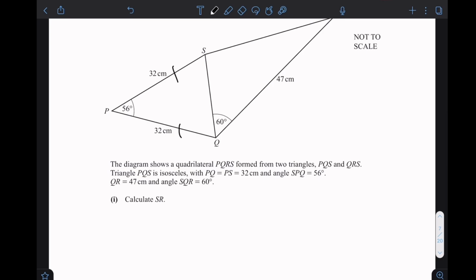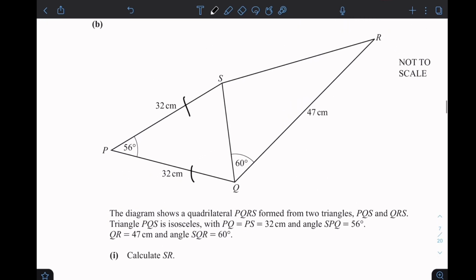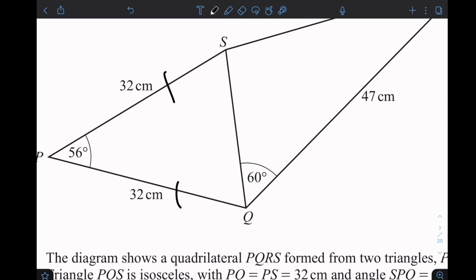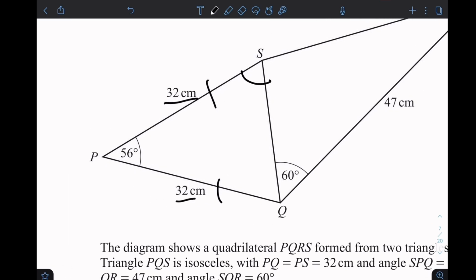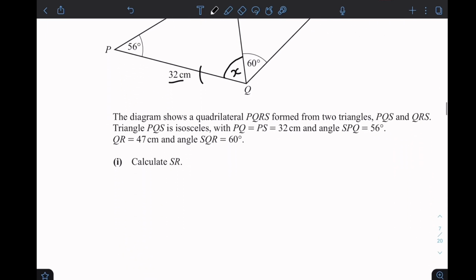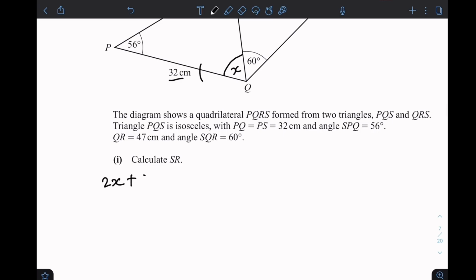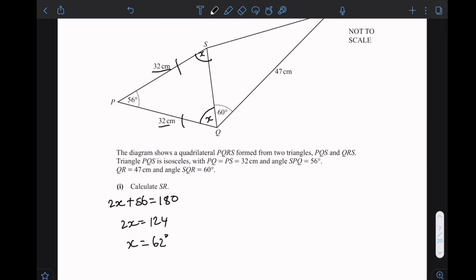Calculate SR. The first thing you should understand when you read the question is that the triangle is isosceles. So angles QSP and PQS are the same, so we'll call that x. So 2x plus 56 is equal to 180, 2x is equal to 124, x is equal to 62 degrees.